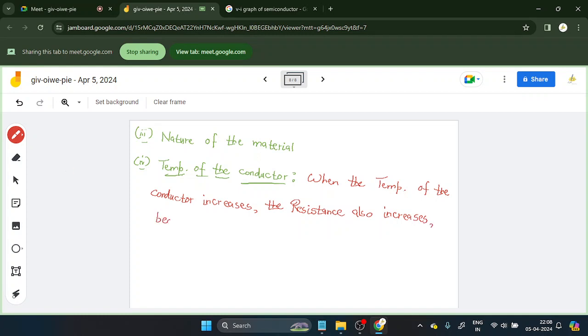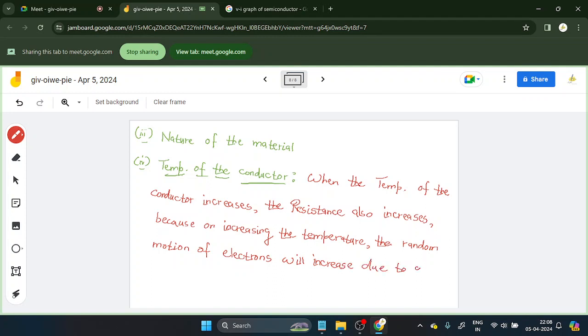Because on increasing the temperature, the random motion of electrons will increase, due to which there will be more collisions.